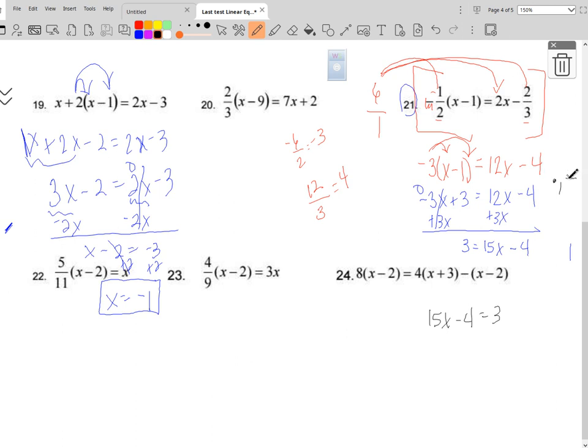Right. How do we undo subtracting? Adding. 4 is being subtracted. We add 4 to undo that, and we're going to do it to this side. Now we divide. What do we divide by? 15. 15 is right. And so x equals 7 over 15.